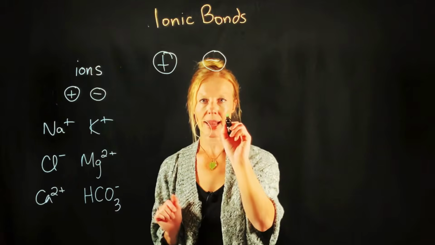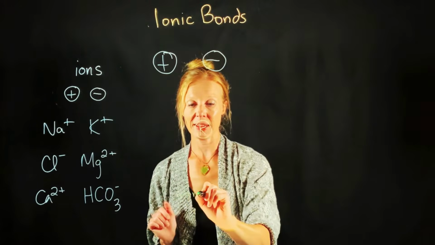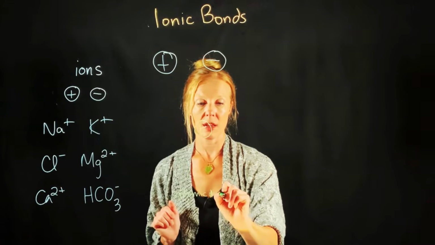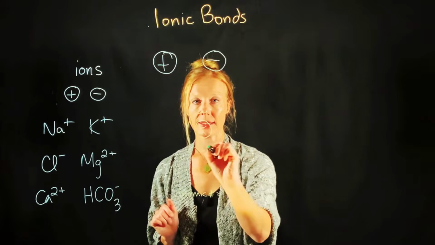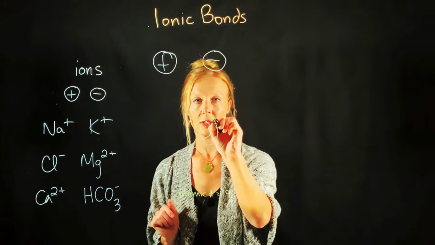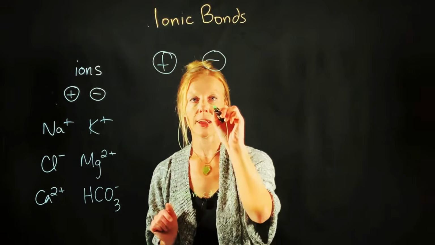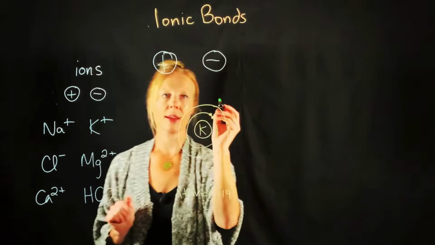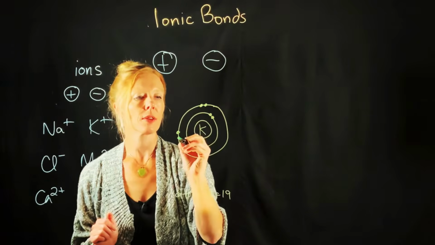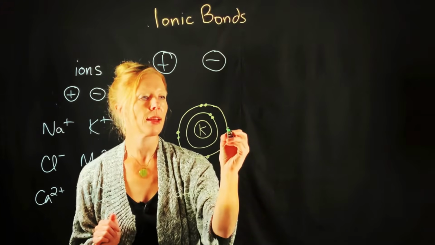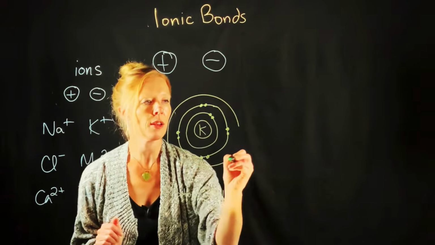Okay, so potassium has an atomic number of 19, which means 19 protons and 19 electrons. So we're going to draw 2 in that first shell like we always do, unless we're hydrogen. And then in the second shell, we're going to draw 8. Here's 8, and then we're actually going to need a third shell.